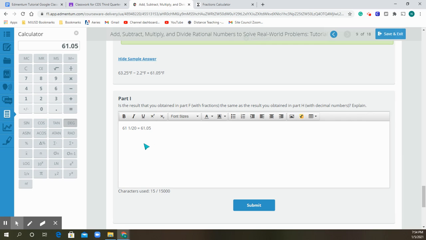So the way we can figure that out is 61, now we got to turn this 1/20th into a decimal. We do that, double check, by 1 divided by 20 equals 0.05.